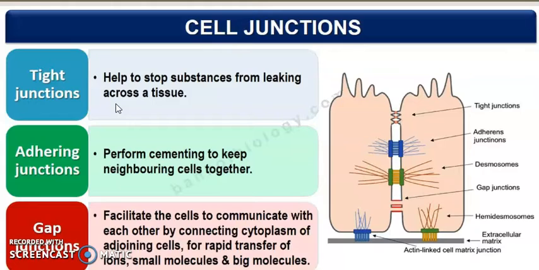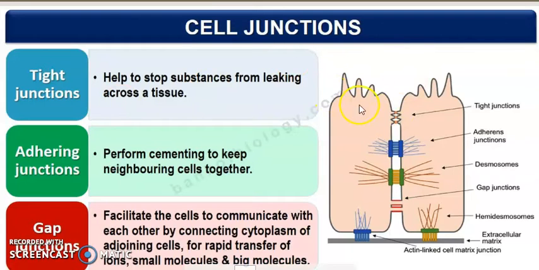Wherever we find these tight junctions, in the particular organ or organ system that it protects, they will stop the substances from leaking across a tissue, right? The tight junctions will never allow substances to leak out to another part of the tissue.